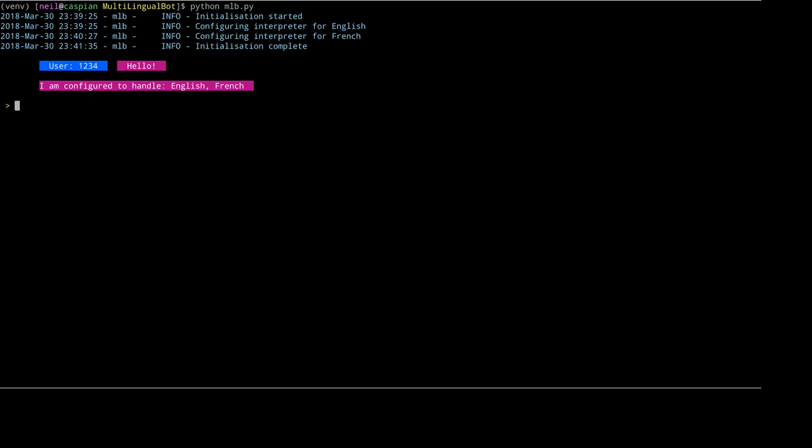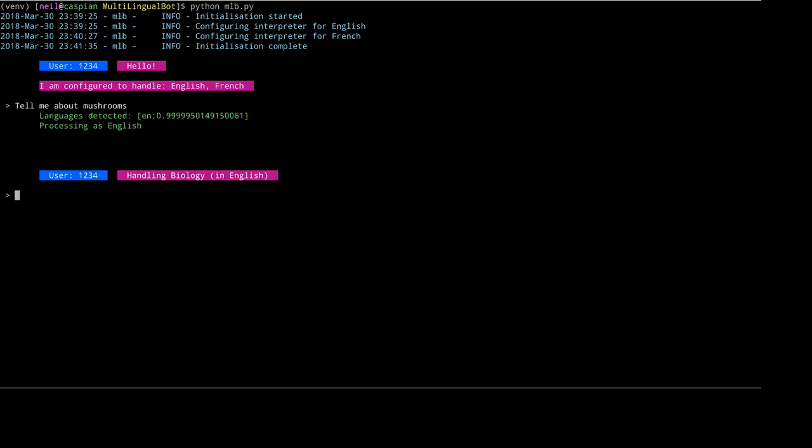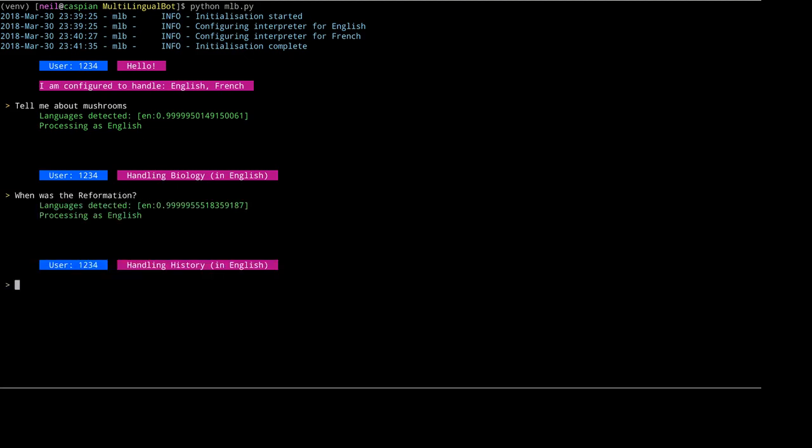examples. So it's loaded up now, so I can just type in something like "tell me about mushrooms," good biology question there, and it's in English, so it's worked out handling biology in English. I can say "when was the Reformation," and that's history.